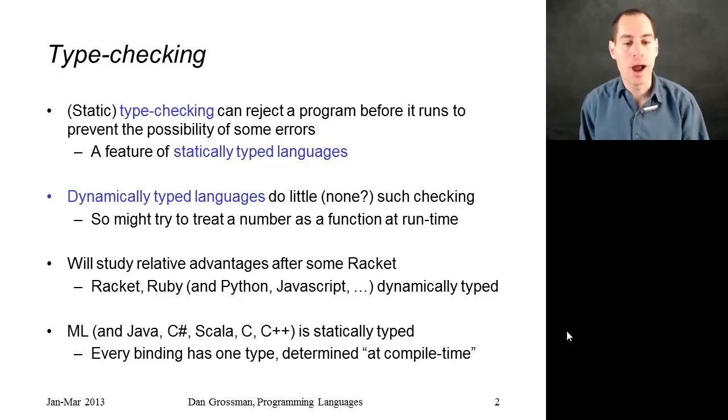It has this property that certain things don't type check even before we run them. And what all of these statically typed languages have in common is every variable we introduce is given a type. Every binding has some type, and for the scope that it's usable, it maintains that type and can only hold values of that type. So we keep our strings and our bools and our functions and our tuples separate.